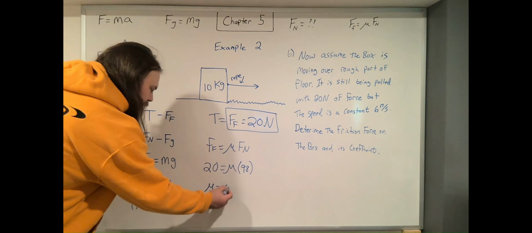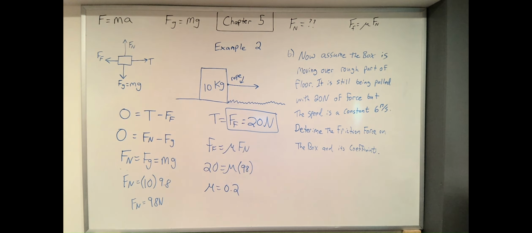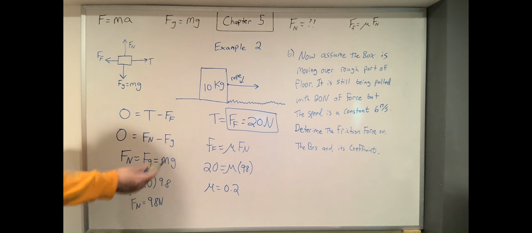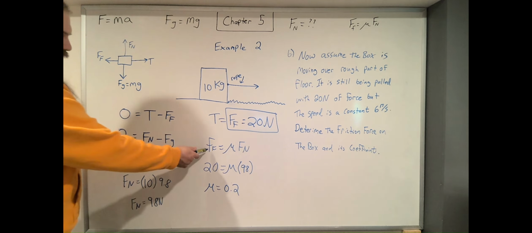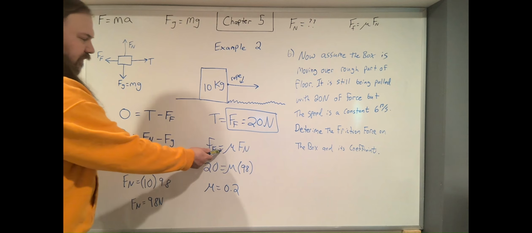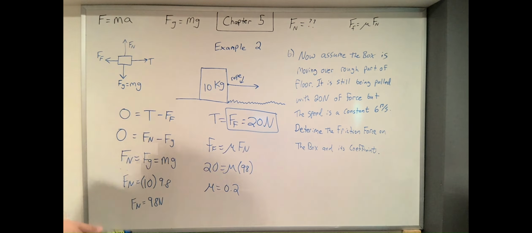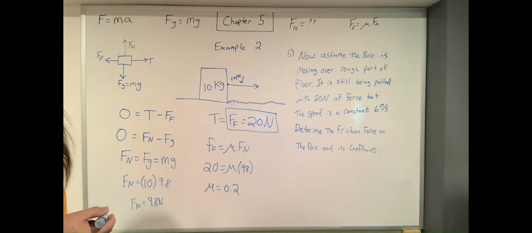We'll go with that. Now, what are the units for mu? How do I put the units down for mu? Well, I look at the equation and I go, well, force of friction, all forces, anything with the word force in it, is in newtons, right? So if the force of friction is newtons, equals this mu, and the normal force also is newtons, if I divide that over, I'm going to get newtons over newtons.